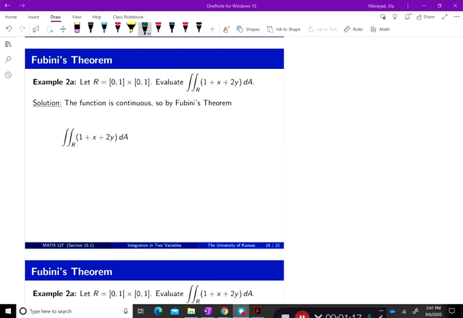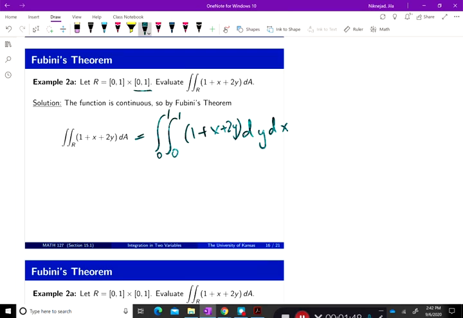The function is continuous, so by Fubini's theorem, I can write this as an iterated integral, with dy in the inner integral and dx in the outer integral. Then y goes from 0 to 1, and x goes from 0 to 1. It's a rectangular region.